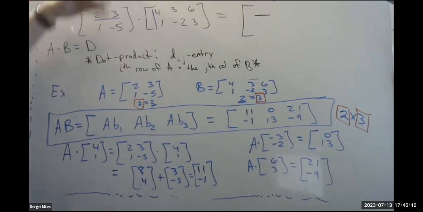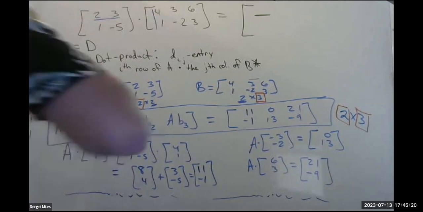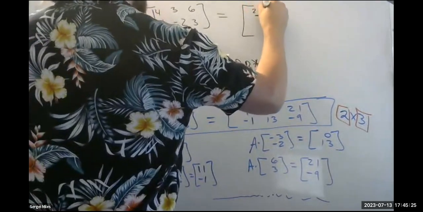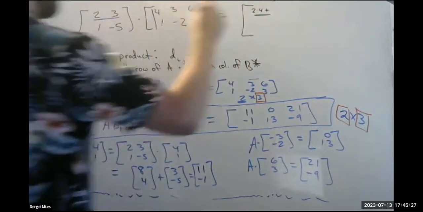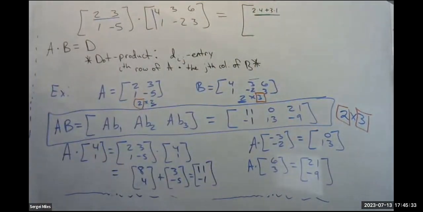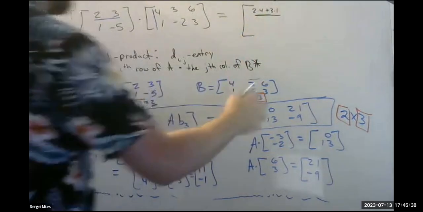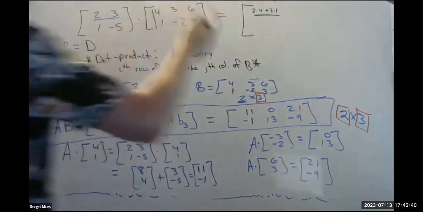Well, okay, when I have a row times a column, we know that's a linear combination. And so this will result in 2 times 4 plus 3 times 1. That will tell me the first entry. Well, does that check out? 2 times 4 is 8, plus 3, 11. Aha, great. What about the rest of it?